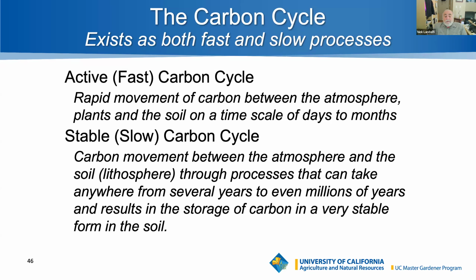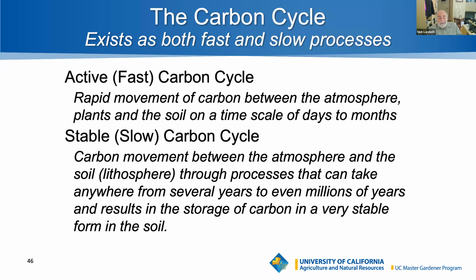A stable or slow cycling carbon pool in the soil is that which has become physically or chemically protected from degradation. This carbon pool has a much slower turnover rate due to the protection from microbial attack and the reduction of oxygen as the carbon becomes chemically bound to clay and minerals and physically protected within soil aggregates.